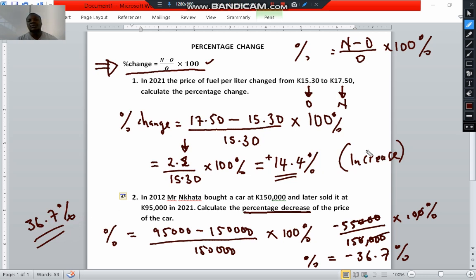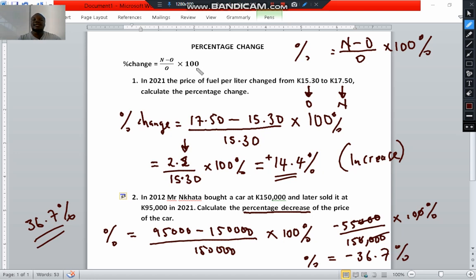So guys, to conclude this wonderful topic, this formula is very important. All you need to remember is new minus old over old times 100%. If the question is on percentage increase or decrease, this formula will still work.